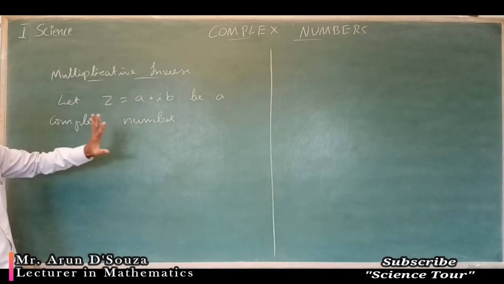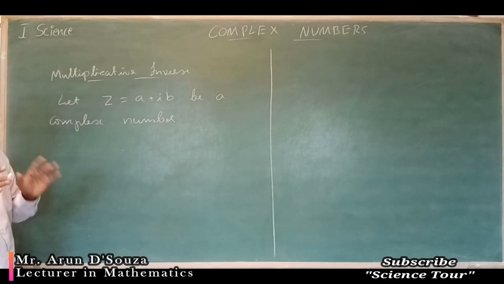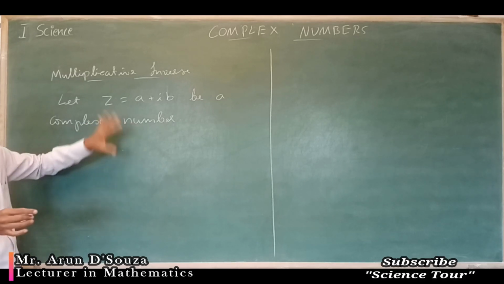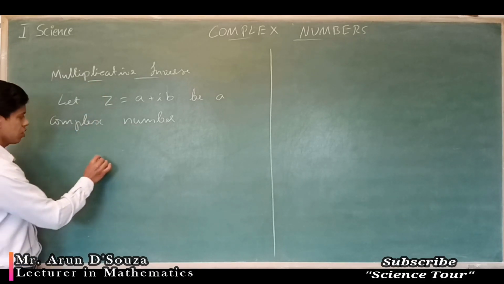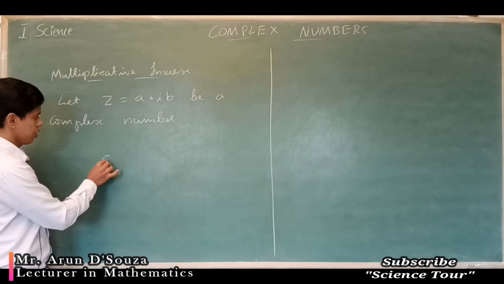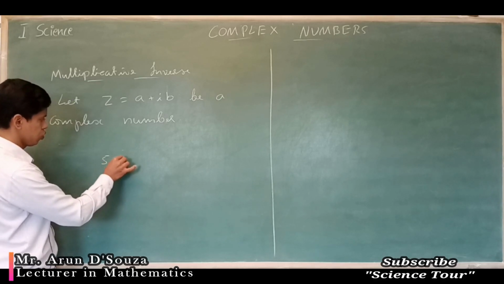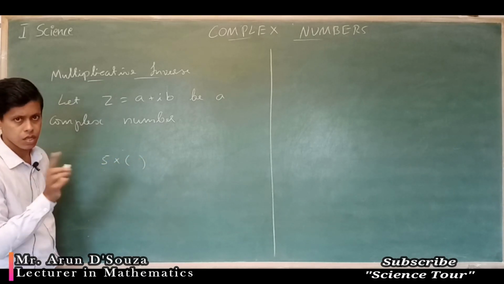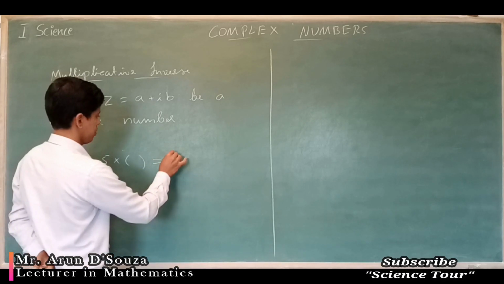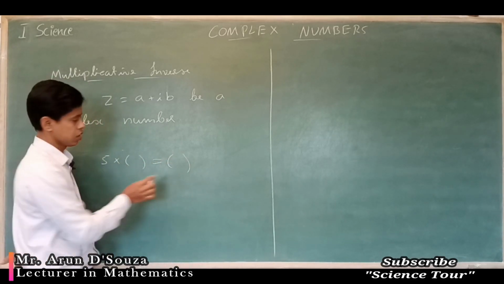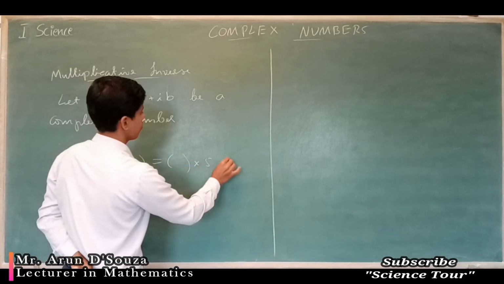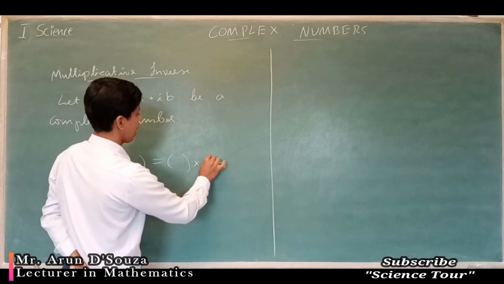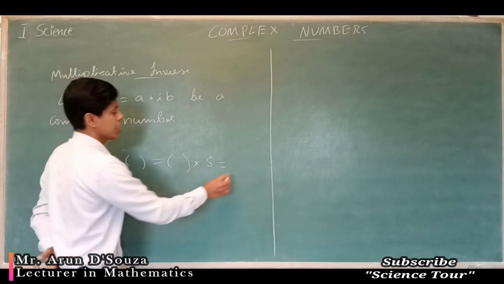Now, as you know, I'll start from the beginning of this. Identity element for multiplication.